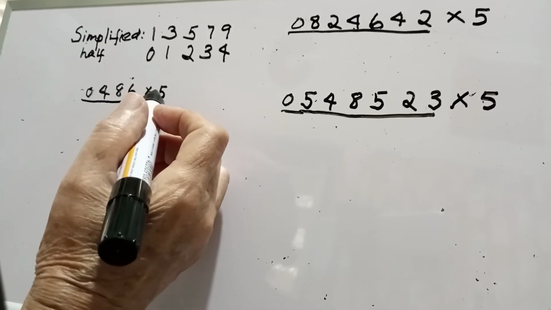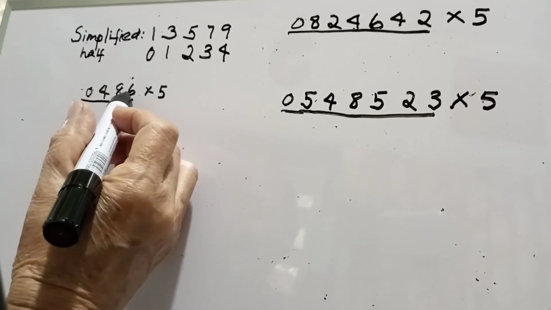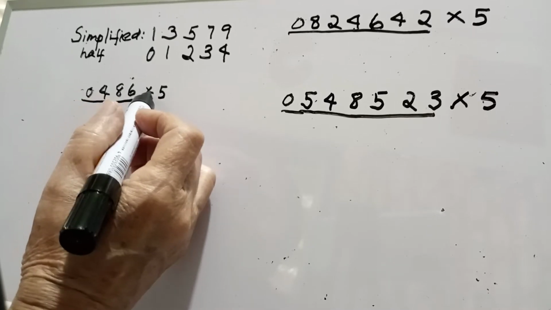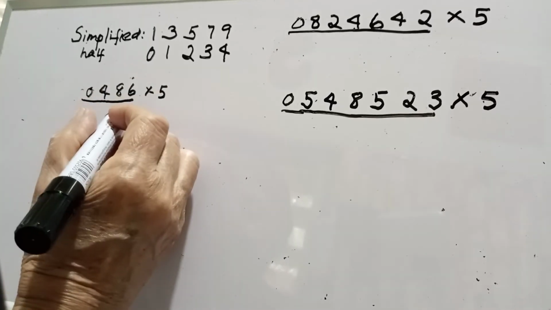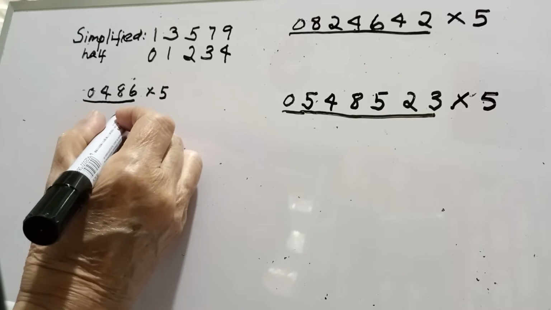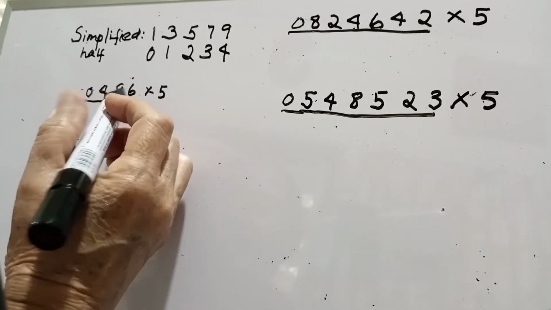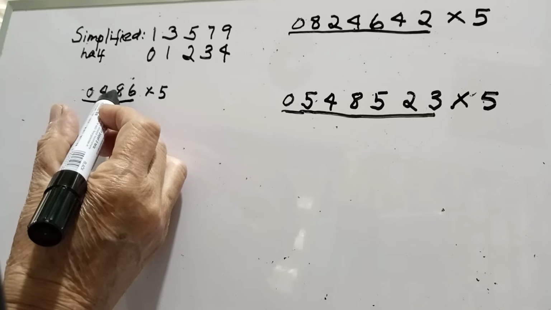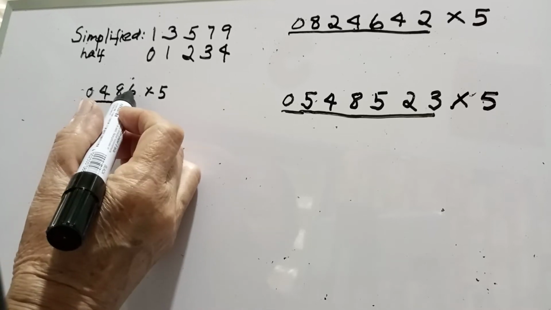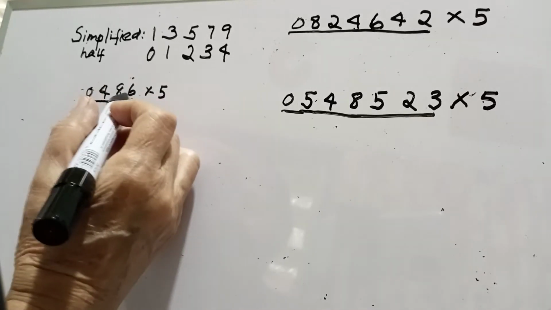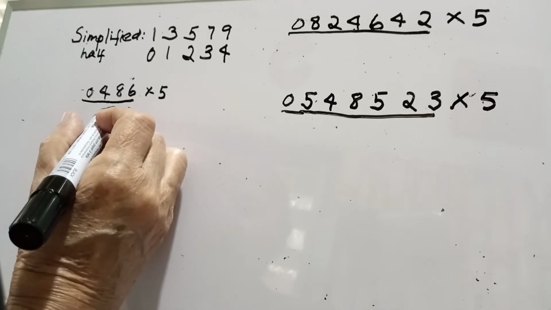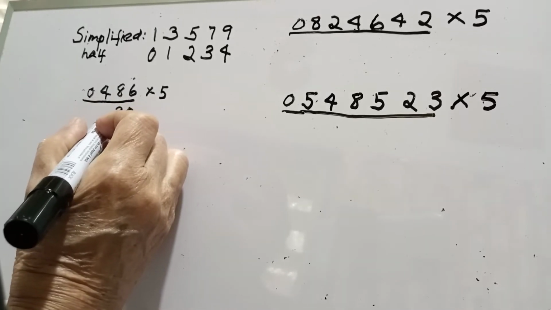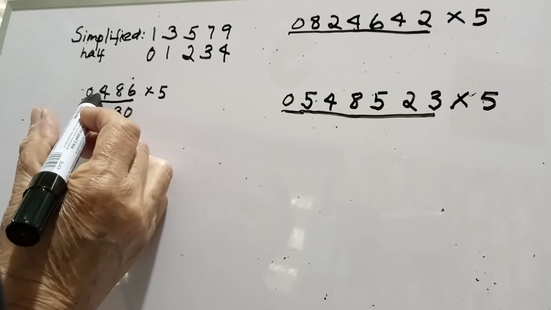Okay? 6 is even. It has no neighbor. So just write down 0. 8 is even. It has a neighbor 6. So half of 6 is 3. It's even again.